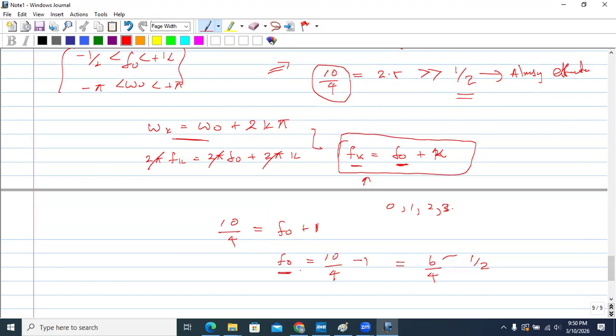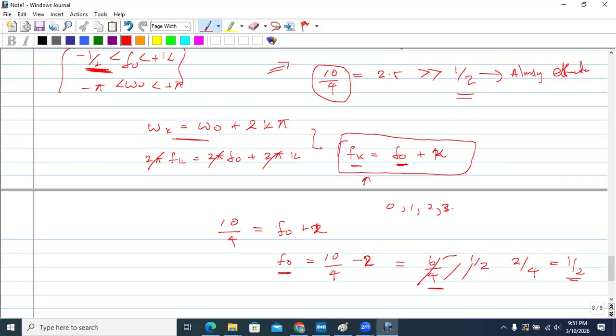So F naught cannot be this value, no? Okay, then you can apply k is equal to 2. Okay, so this should be 10/4 minus 2. So what is the value? So you will have 2 divided by 4, no? 2 divided by 4, so that is half. So that is okay, no? So condition is satisfied, half.